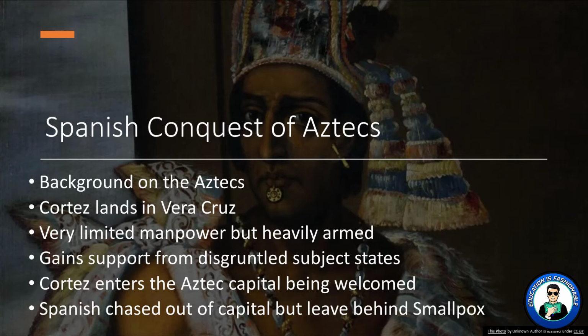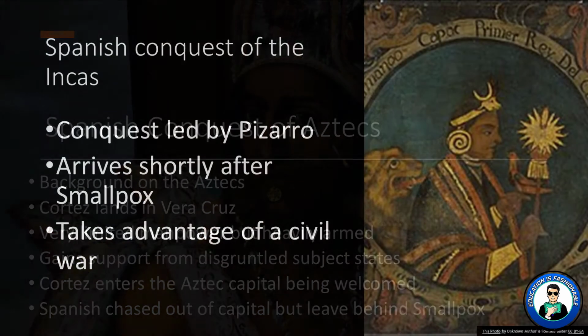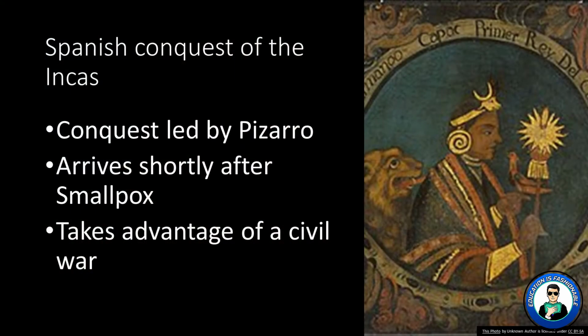So as far as other areas in South America, you have the Incas, who basically, it's almost the same thing. So it's not Cortez this time. There's a different Spaniard. His name is Pizarro. Pizarro arrives in South America shortly after the Incas had had their bout with smallpox.